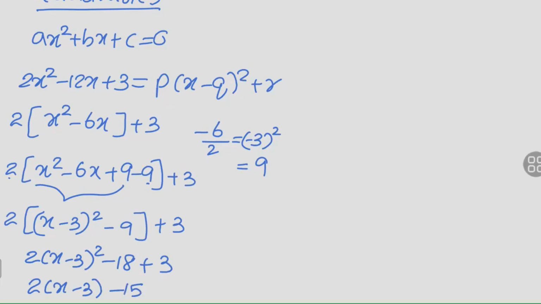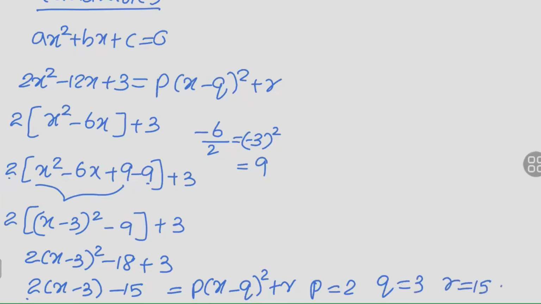Now this is similar to this, you can write the PQR answer. P is 2, Q is 3, R is 15. This is method 1.